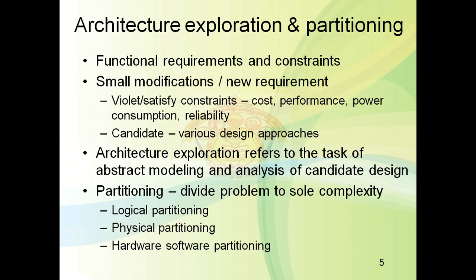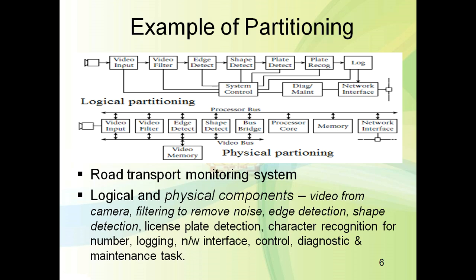Then we will move on to how to do partitioning with the help of one example. The example is a road transport monitoring system. It checks trucks moving from one part of the country to another part of the country.